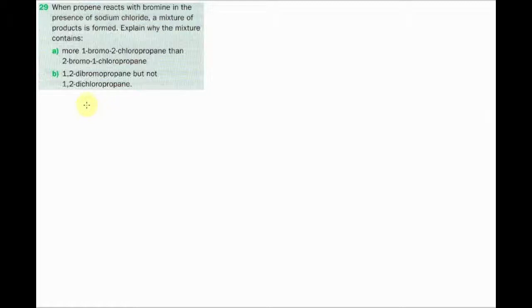Let's work that out. So we'll start off first of all with our propene, which has 3 carbons in the chain. Monkeys eat peanut butter. So we've got our propene there, and then we've got our bromine. There's going to be a dipole induced. That's going to be partially negative.